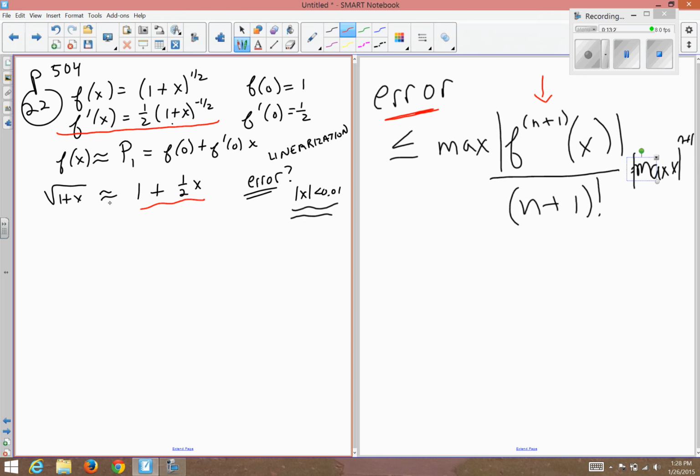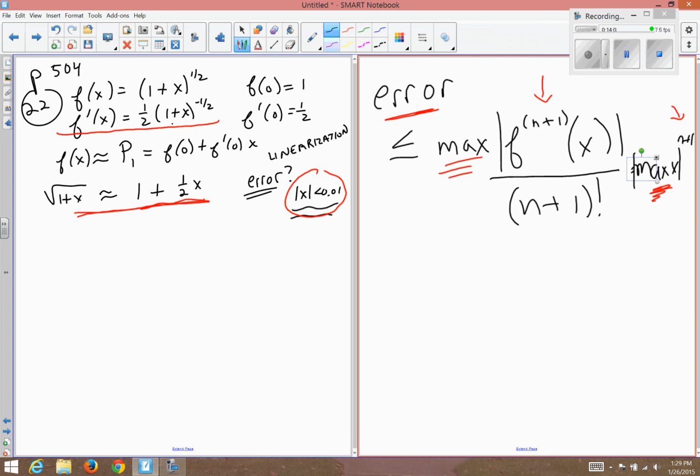To find the error in the approximation, we go to the next derivative, find its maximum value, that's all that means, put it over n plus 1 factorial, and multiply that by the maximum x value, which will usually be in the question. The biggest x can possibly be, raised to the n plus 1. So notice the exponent is n plus 1, factorial down here, and this is the n plus first derivative.